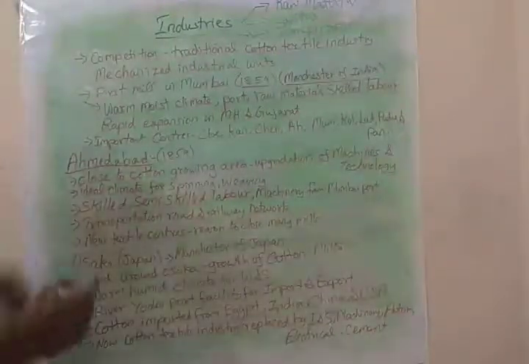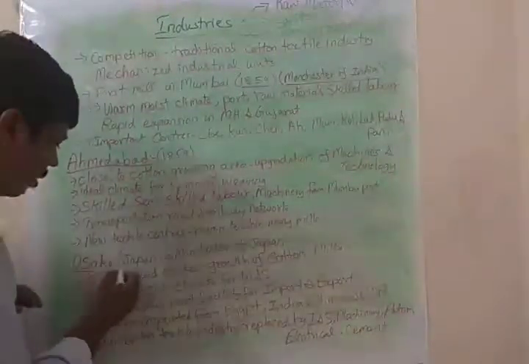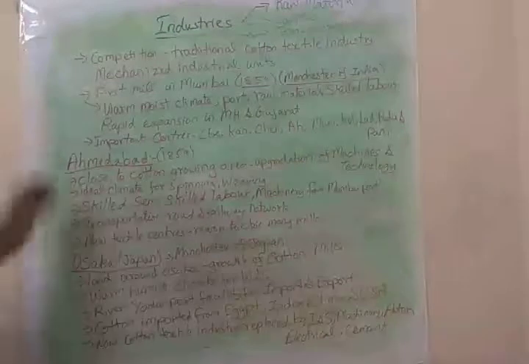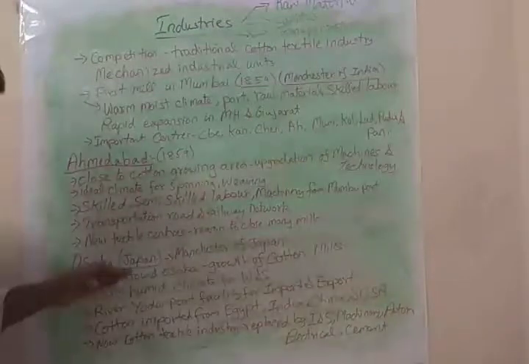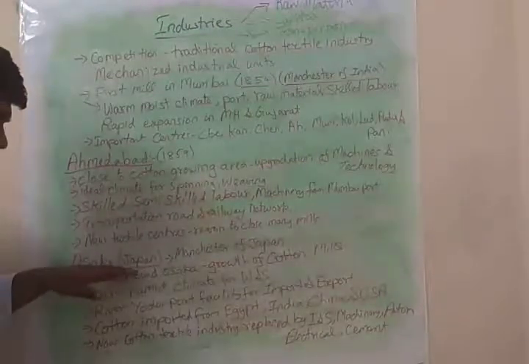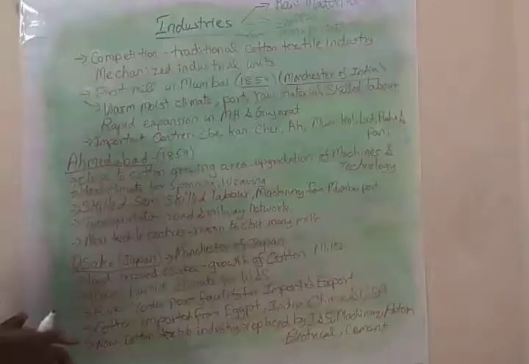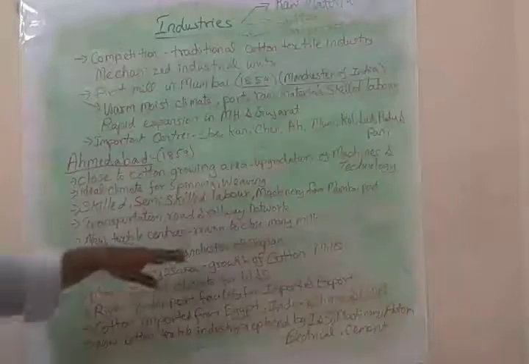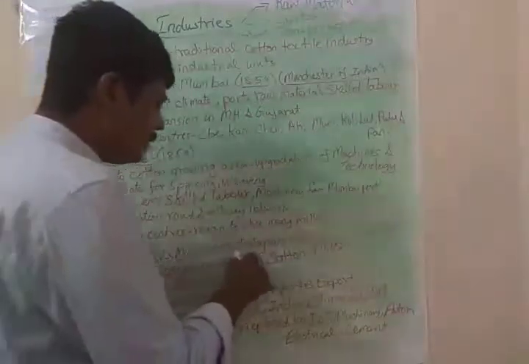And the next one we are going to see is the cotton mill or textile mill in Osaka, that is in Japan. Okay, Ahmedabad in India and Osaka in Japan. Because of this main textile industry, the biggest textile industry in Osaka, Osaka in Japan is called the Manchester of Japan.